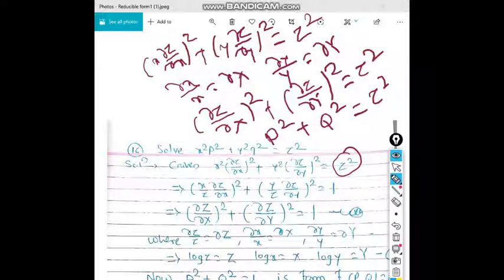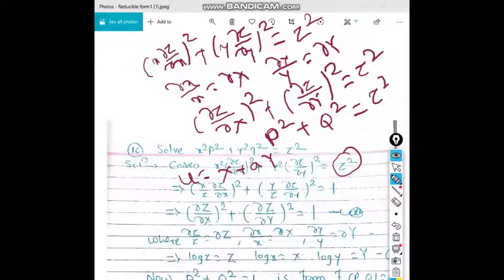For the p, q, z form, we always use a substitution. Let u is equal to x plus a y, but in this case we should not use small x and small y, because this is the differential equation in capital X, capital Y and small z. So u is equal to capital X plus a capital Y. That will be our substitution.